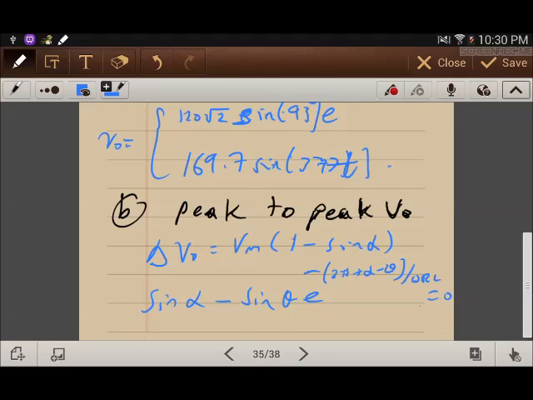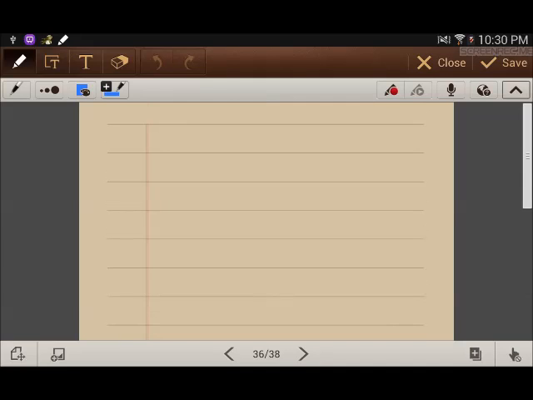Then we use, for example, a Texas Instrument calculator, and we find that alpha is equal to 48 degrees. So now we find the peak-to-peak voltage, which is 169.7 multiplied by (1 minus sine 48 degrees), and it gives us 43 volts. So the peak-to-peak ripple voltage is 43 volts, which is quite high.